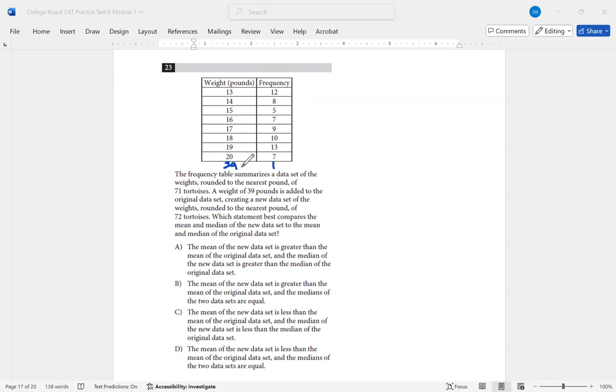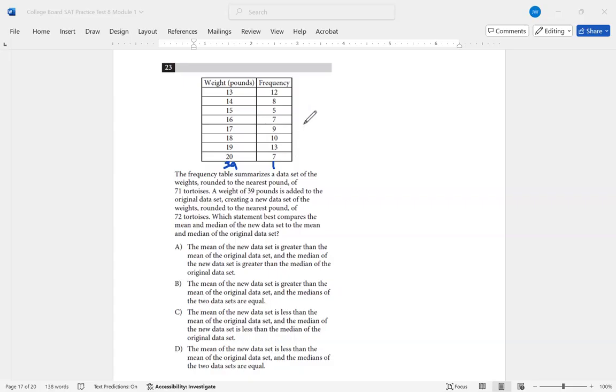So the mean, since the weight of this tortoise is 39 pounds, is going to be pulled up a little bit because you have to use the 39-pound tortoise when you calculate the average. So the mean is going to be higher, but it's not going to affect the median.